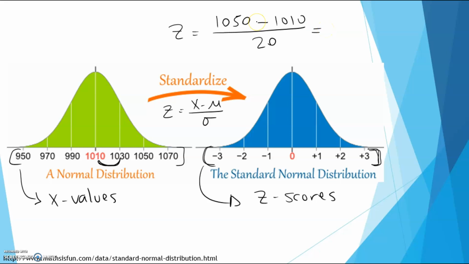So I've got 1050 minus 1010. That's going to be 40 over 20. Knock out those zeros, I really just have 4 over 2, which is 2. So I'm looking at this value right here, which is 2 standard deviations away from the mean, or the same thing as a positive 2 z-score.